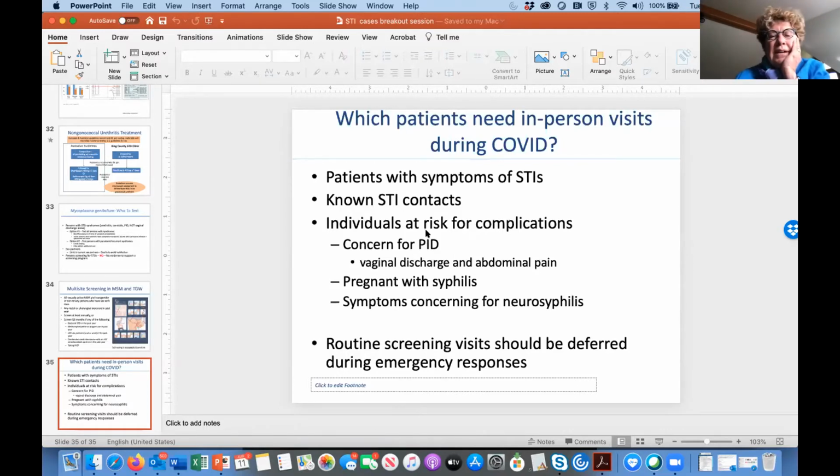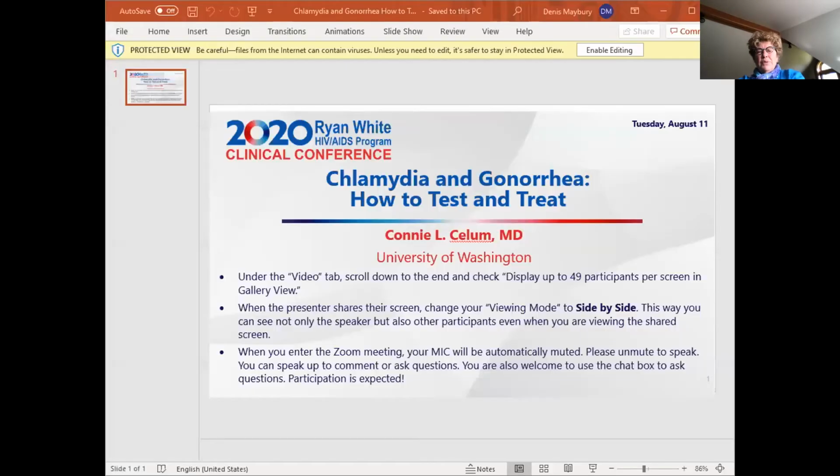So I see there's one question about extragenital screening for females reporting unprotected oral or anal sex. I think perhaps for anal sex, but not oral, the rates of pharyngeal infections are pretty low for those who just have unprotected oral sex.